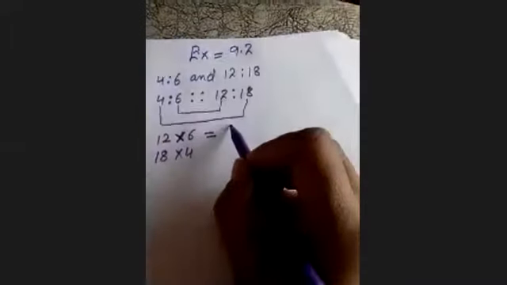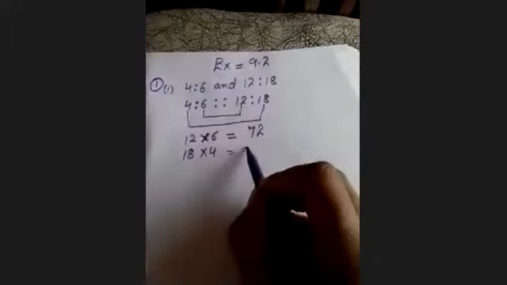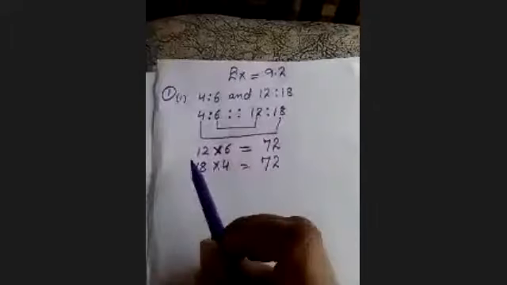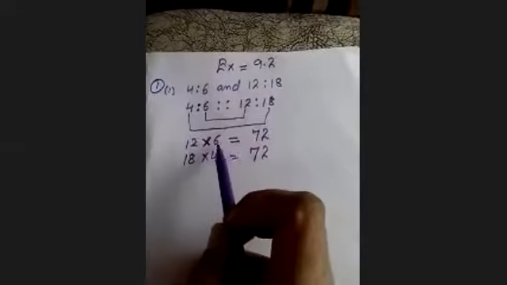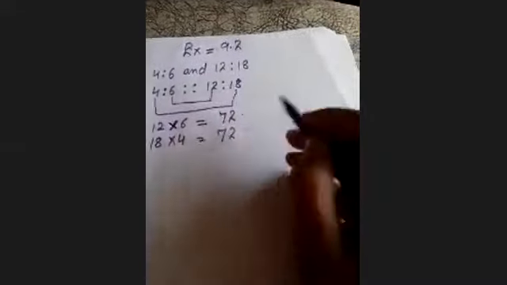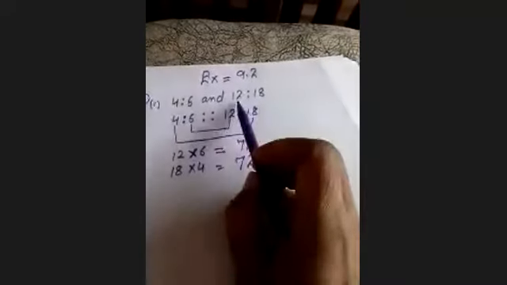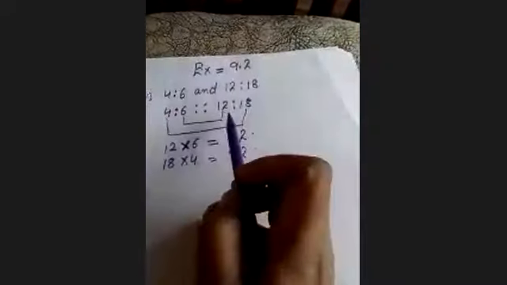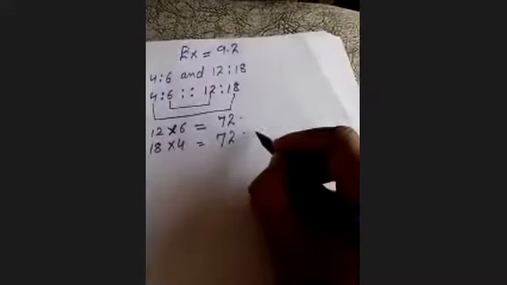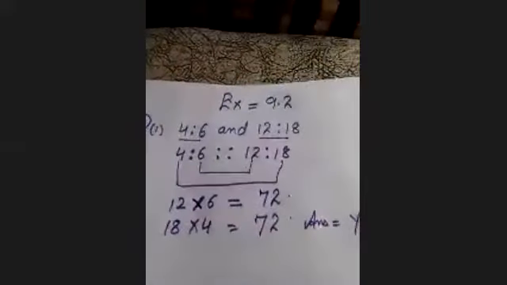Now 12 times 6 is 72 and 18 times 4 is 72. The product of means and the product of extremes is equal. Then we can say ratios 4:6 and 12:18 are in proportion. So your answer is yes.